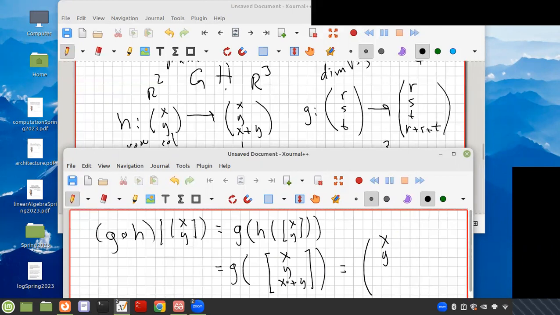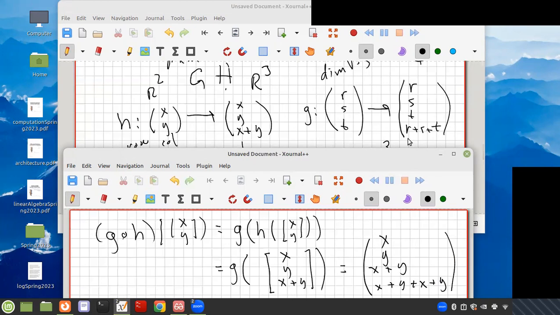Well, T is X plus Y. And then this one is going to be all of them, X plus Y plus X plus Y. Right? Because it's R plus S plus T. R is X, S is Y, and T is X plus Y.